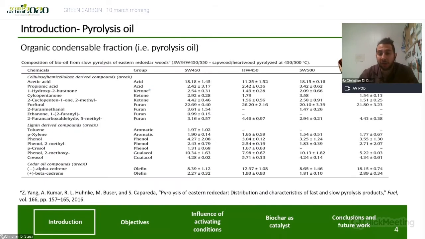Along with biochar, during the slow pyrolysis of a biomass, a liquid is also produced. This liquid is called pyrolysis oil, and it's a very complex mixture of more than 100 compounds, some of which you can see in this table.